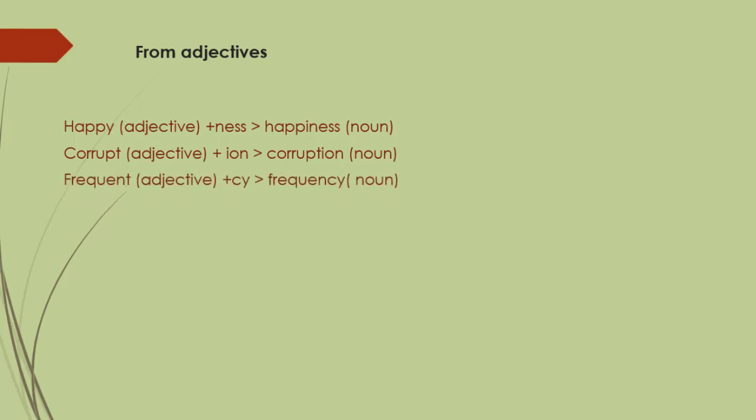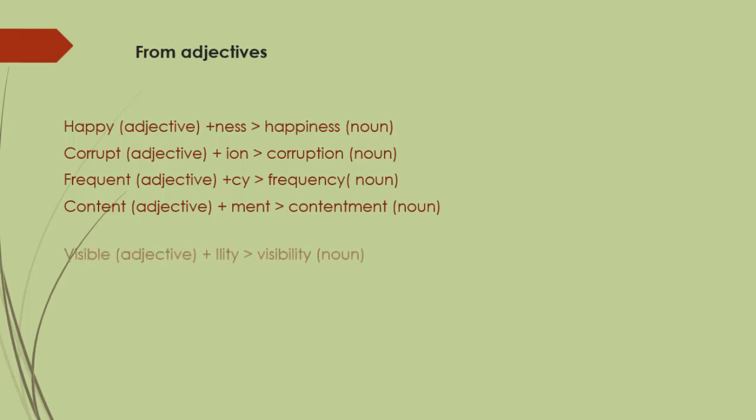In the same way, frequent becomes frequency by doing the addition of cy and it becomes a noun. Content, which is an adjective, and when we add suffix ment to it, it becomes contentment, a noun. Visible becomes visibility when we do the addition of ility.